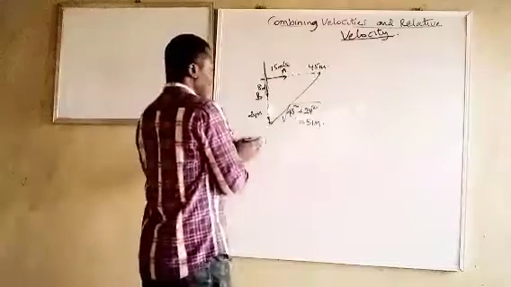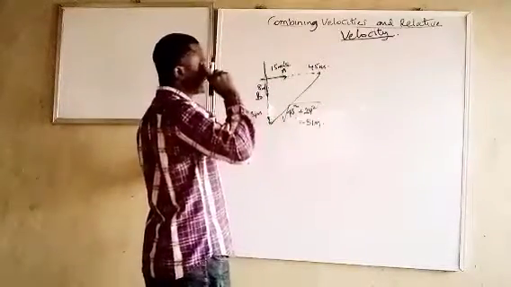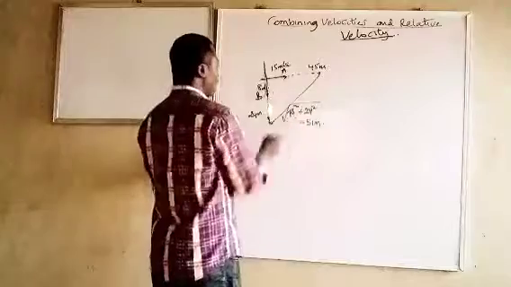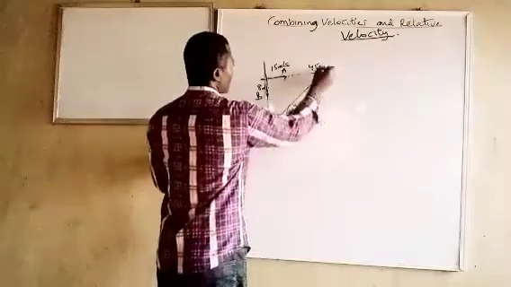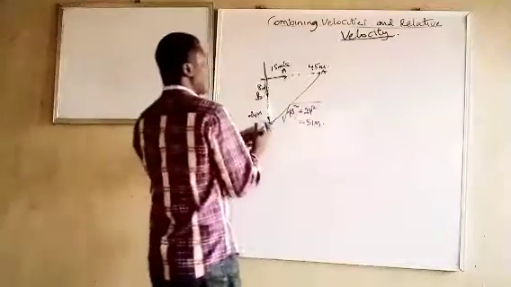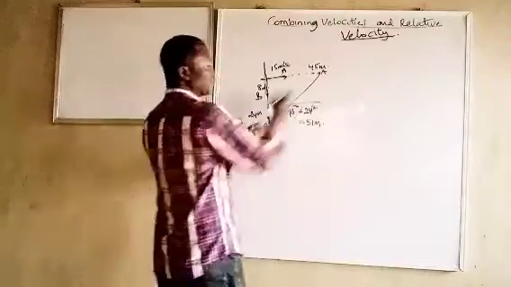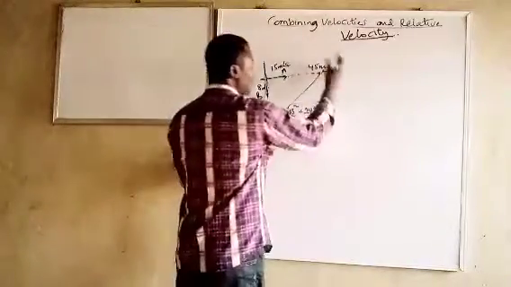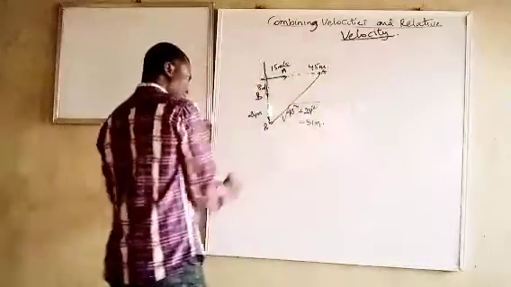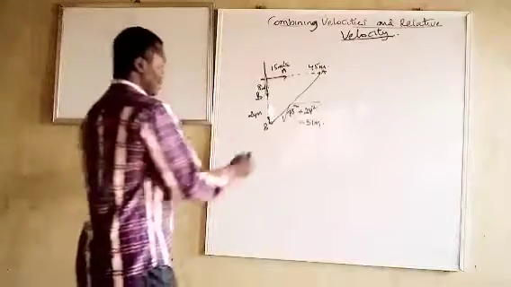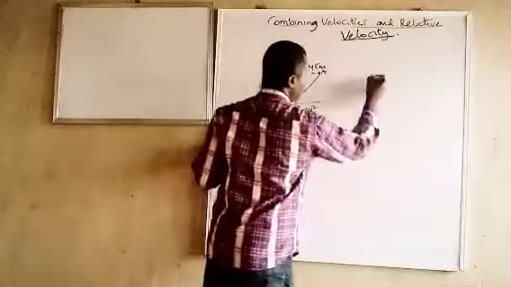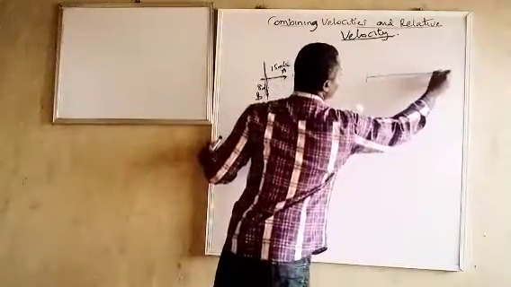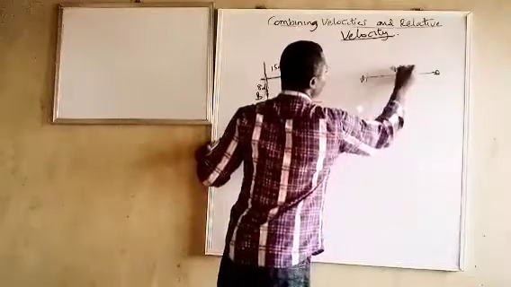So in this instance, because it is vector, we always talk about the velocity of b relative to a, the velocity of a relative to b, the position of b relative to a, the position of a relative to b. Like in the other instance, I said a from b is 420.